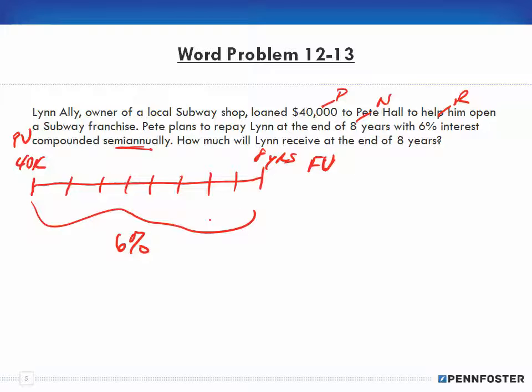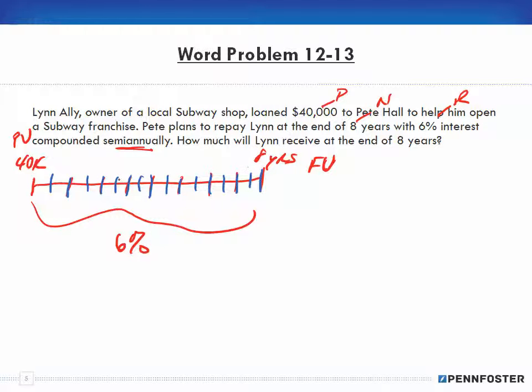Well, if we're compounding semi-annually, what that means is we're compounding the interest twice a year. I'm going to do this in blue just to give you a visual representation. What I'm doing is dividing it in half. So there's two halves for the first year, and then the second year, and the third year, and the fourth year, and the fifth year, and the sixth year, and the seventh year, and the eighth year.